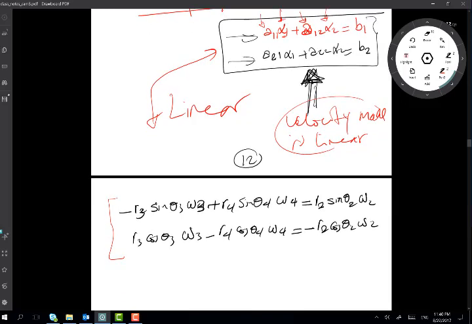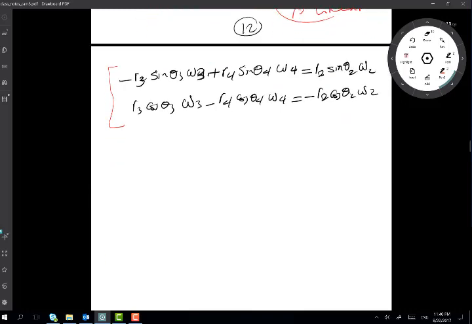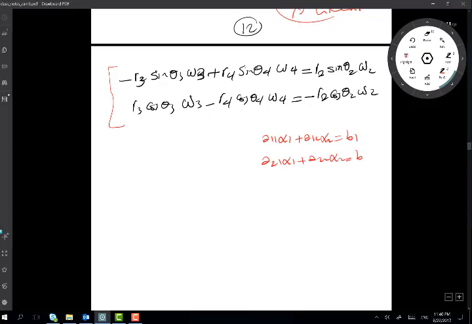Now, if I want to solve those two equations using linear algebra, I arrange them in a matrix form. I'll write the equations again on the side for you: a11 x1 plus a12 x2 is equal to b1, and a21 x1 plus a22 x2 is equal to b2.